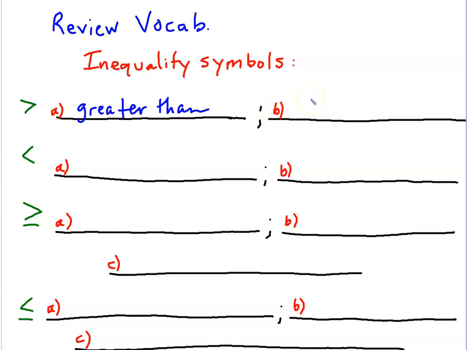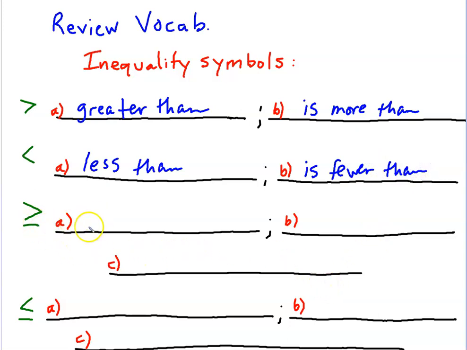All right, but you might be looking at a word problem and it could be worded as is more than. Means the same thing, but I'm just trying to give you a heads up as to different phrases that could be used to describe these inequalities. Obviously, this is less than. Could be known as is fewer than.